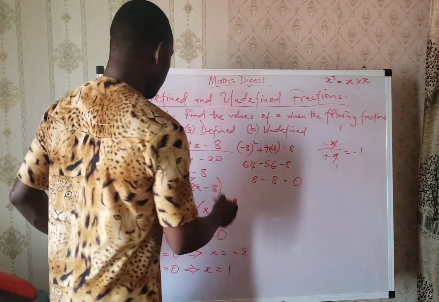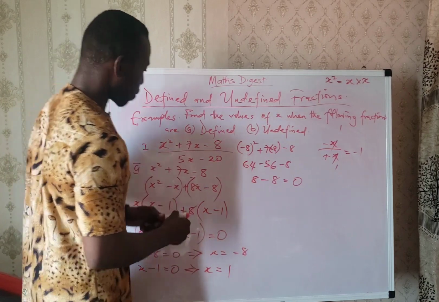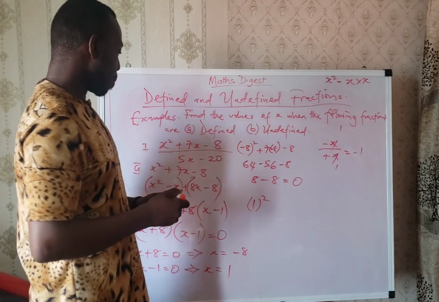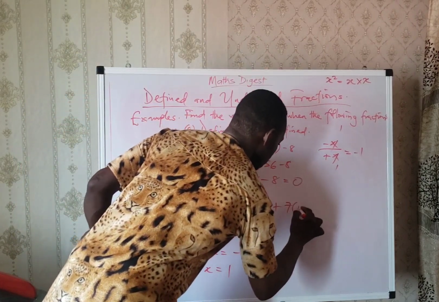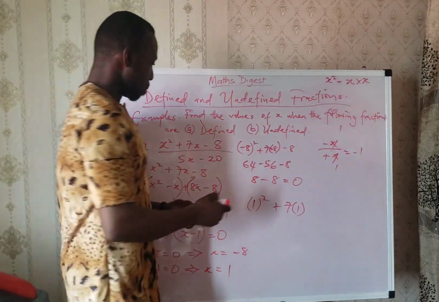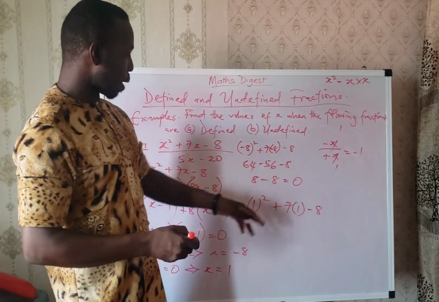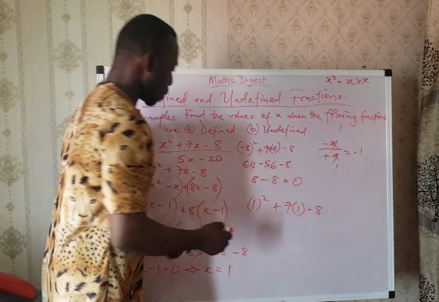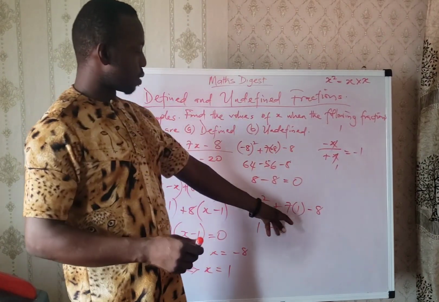Okay? Now remember our expression. Anywhere you see x, you add what? 1. So 1 raised to power 2 plus 7 times 1. Okay? Minus 8. Now, this raised to power 2 is still what? 1. 1 times 1 is 1. 7 times 1 is what?